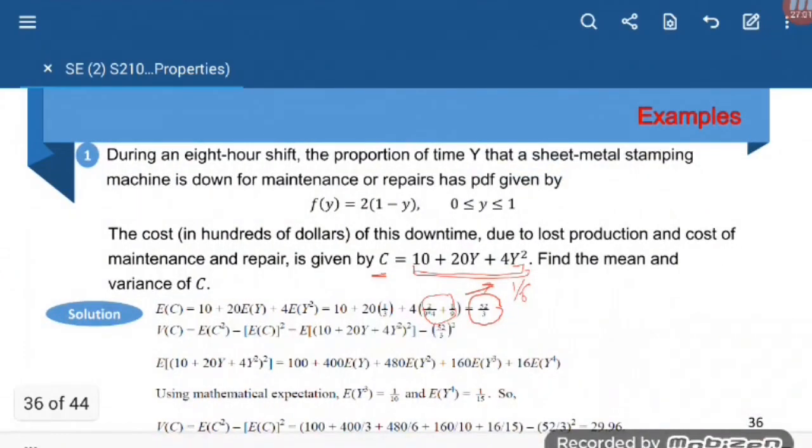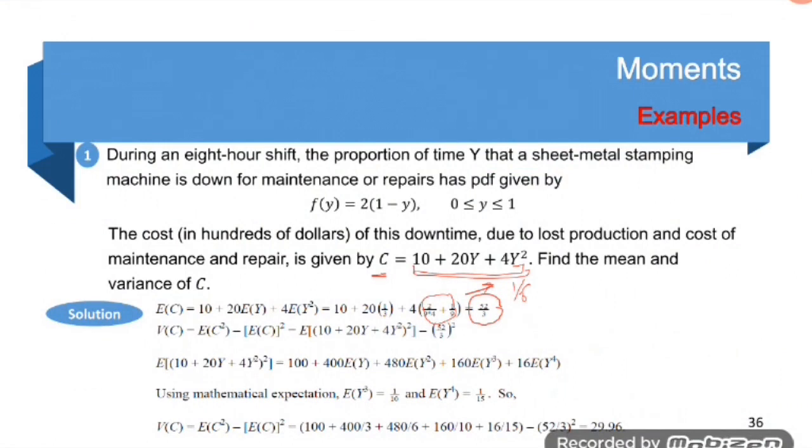Here we have 100, 400, 480, and 16. I think I have some error here. It was not 116, 160. I think I made a computational error at the end. But we have here the expected value of y to the power 4 equal 1/15, and the expected value of y to the power 3 equal 1/10.